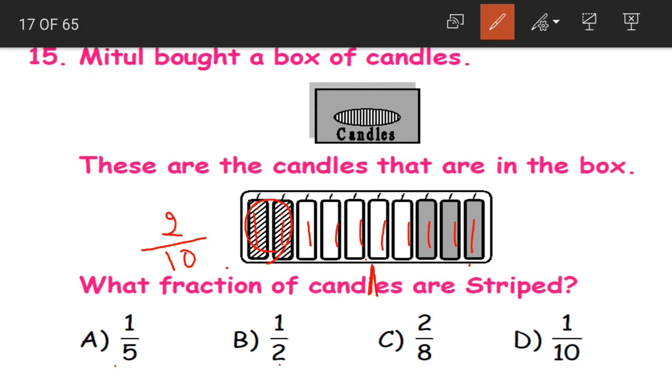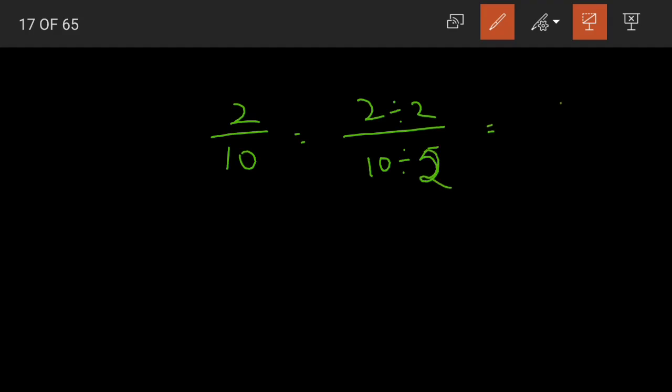But again in the options we do not have 2/10. So what should we do? Find the equivalent fraction or reduce it to the lowest form. Reducing it to the lowest form means dividing it. Yes children, dividing it by the same number. 2 divided by 2 is 1 and 10 divided by 2 is equal to 5.